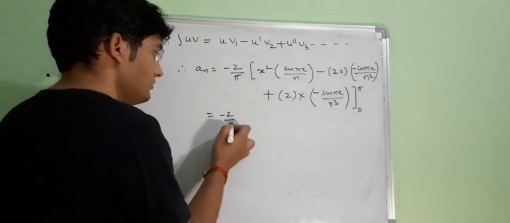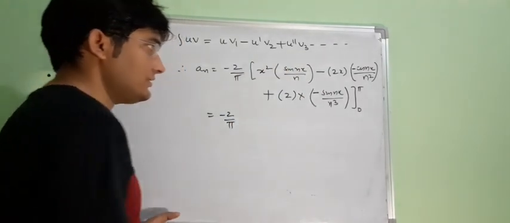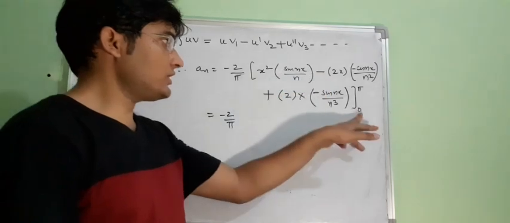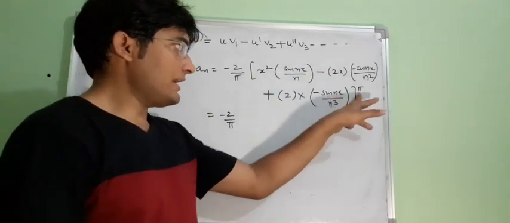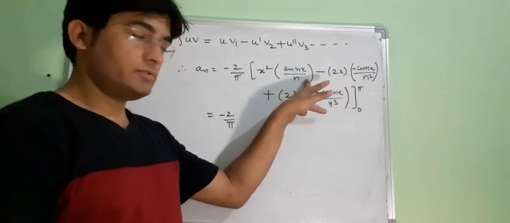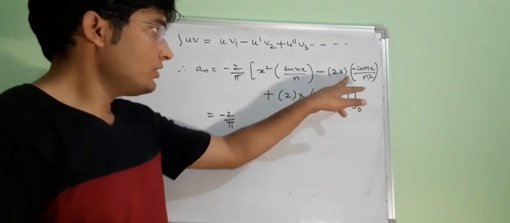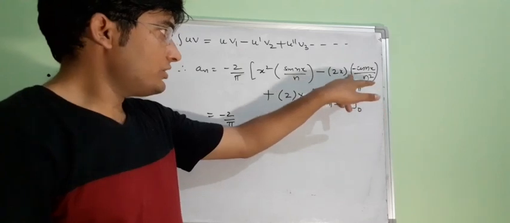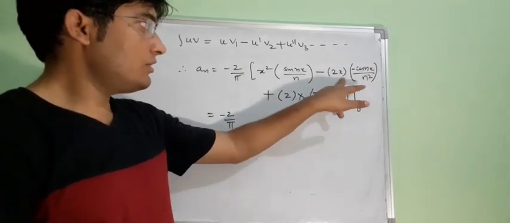So this is equal to −2/π. You can see that sin π is 0, sin 0 is 0, sin nπ is again 0, and sin 0 is 0. So the upper and lower limits of these terms will be 0. Now the upper limit of this term will exist, and the lower limit will be 0.